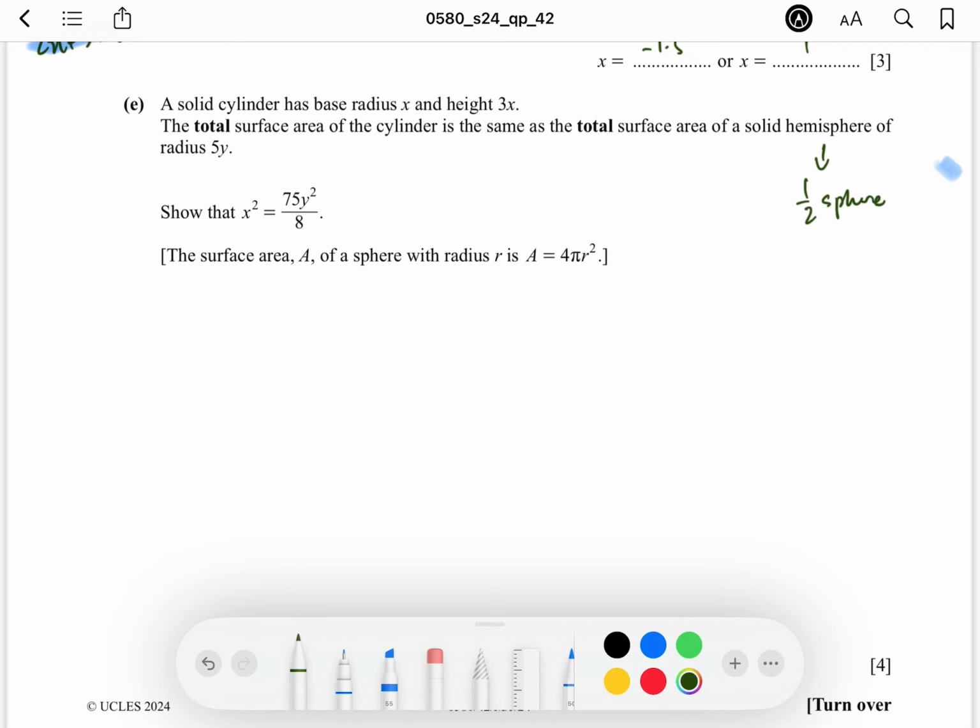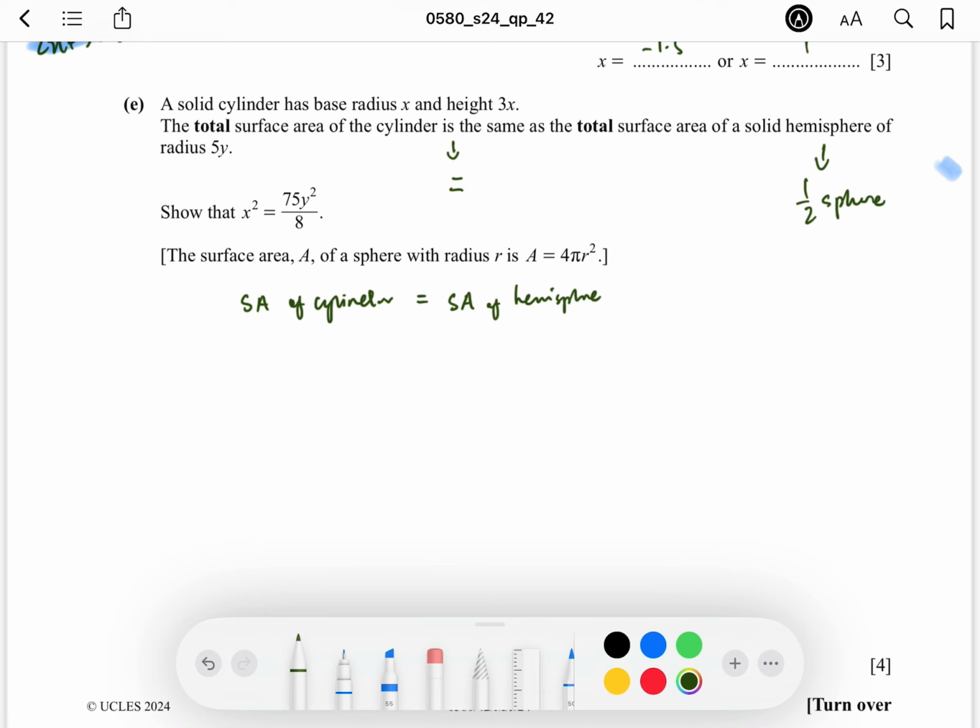Okay. Cylinder is the same, is equal to. Okay. Cylinder. Surface area of cylinder equals to surface area of hemisphere.